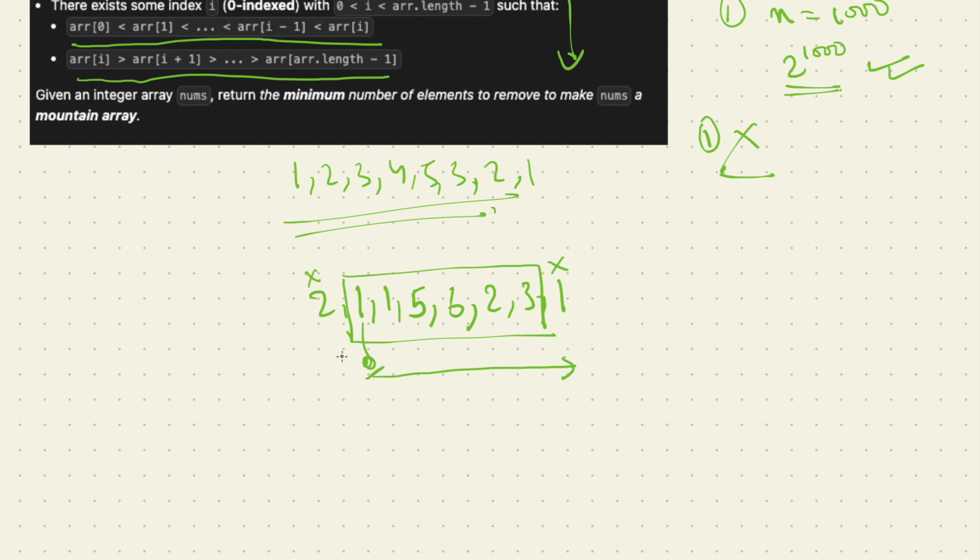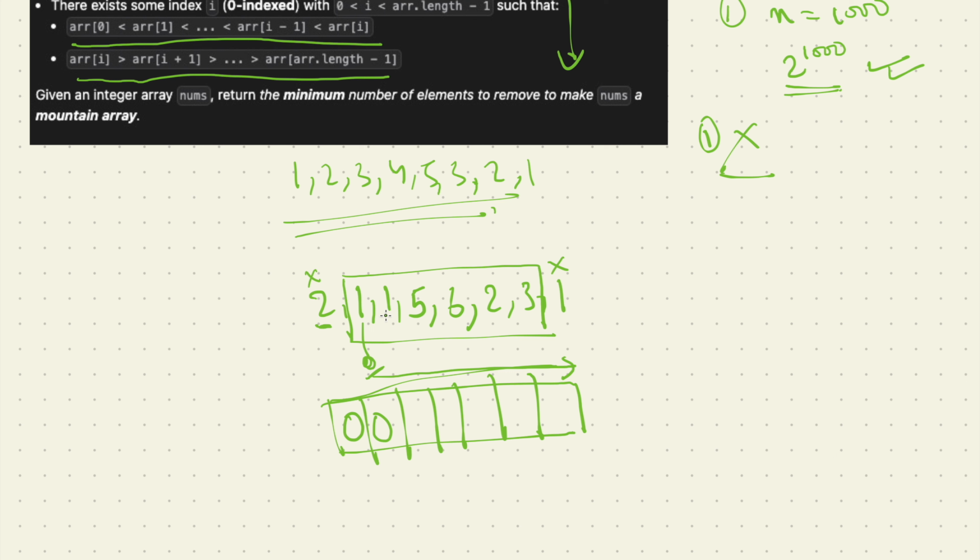So for the first one we see the peak. When we are picking from left to right, this element is 0. Now we can form a peak with this element only if this element is greater. So can we form a peak? No, we'll put 0.